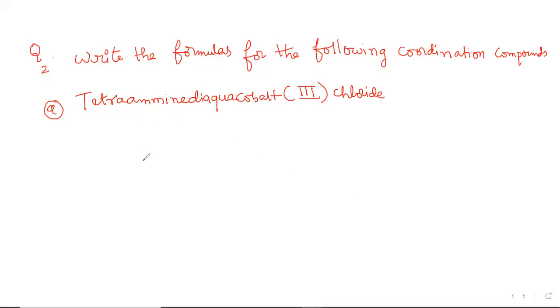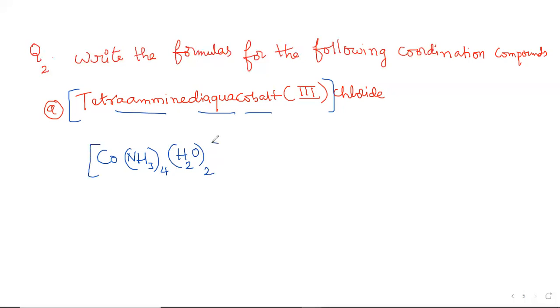Here in this question, up to the Roman numeral, we can say that is the coordination sphere. In that, cobalt is the central metal, so we will write Co. Tetraamine means there are 4 NH3 ligands present. Diaqua means 2 water ligands are present. So a total of 6 ligands are present around this cobalt.